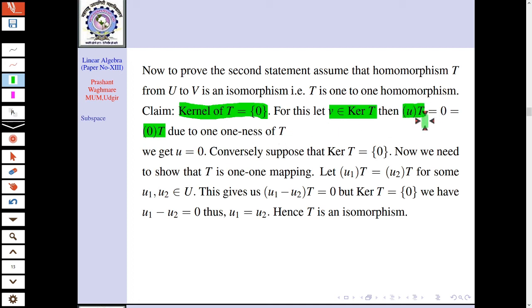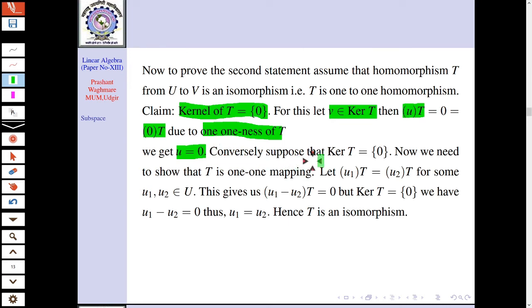But T is a 1 to 1 mapping. 1 to 1 mapping means if the images of two elements under T are the same, that is T of u is the same as T of 0, then those elements must be equal due to the one-oneness of T. That means I will get u equal to 0. That means whatever element you are considering in the kernel of T has to be 0. So we have proved that the kernel of T contains the singleton 0.